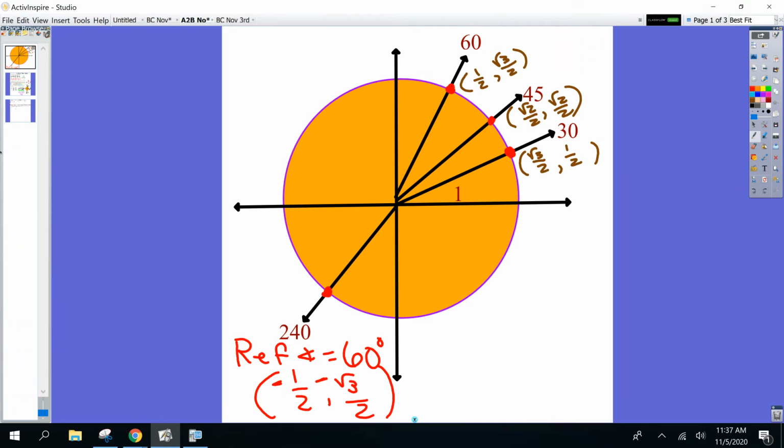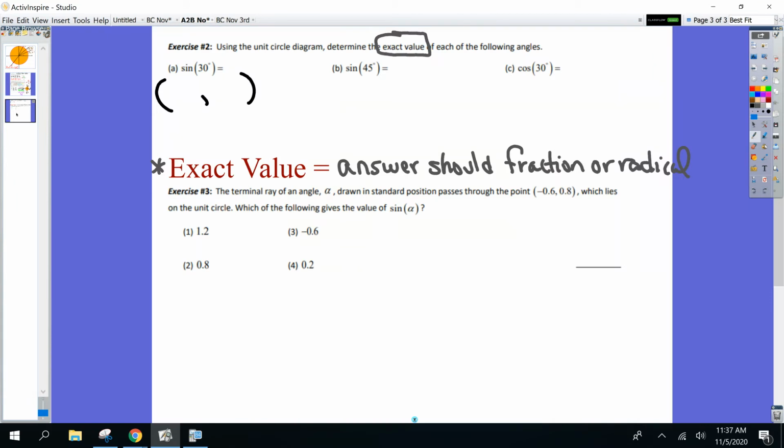I highly recommend getting those notes from yesterday when you have the opportunity, because it bleeds into today and the rest of the unit. Radical 3 over 2, 1/2 is the point at 30. But I'm asking for the sine. So put yesterday and today together. If I'm asking for the sine, which coordinate do you need?